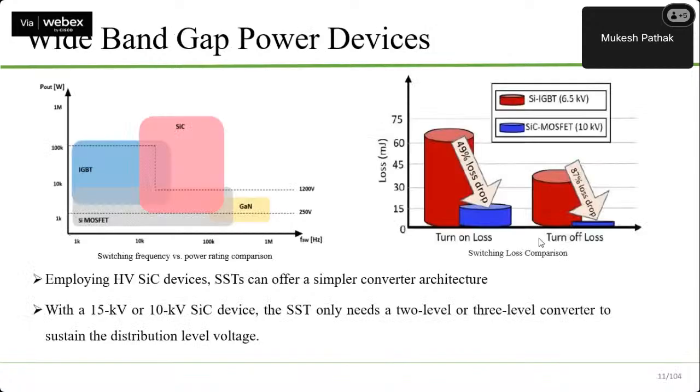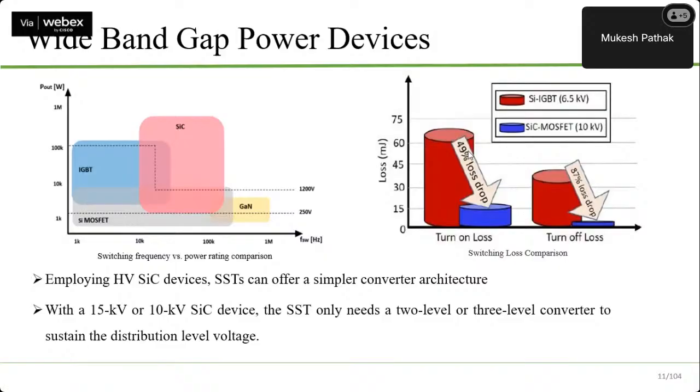We can also see in this diagram why SiC is more advantageous as compared to Si. Loss in SiC is represented by blue, and the red or brown one is the Si device.